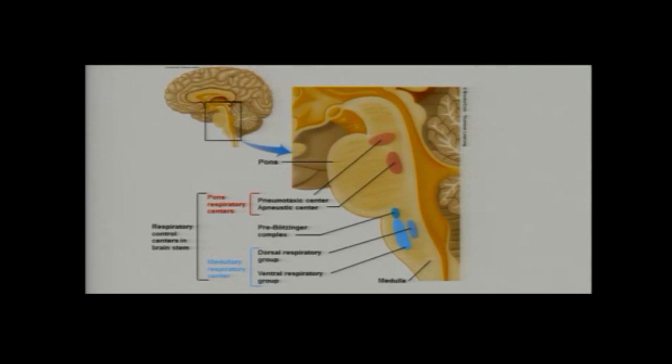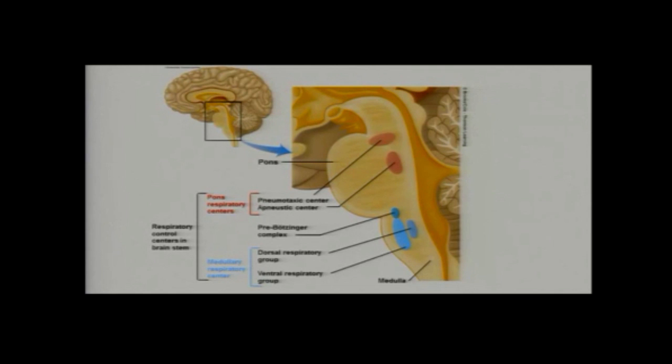So right now, for all of you that are breathing restfully, if you looked at your medulla, you'd see rhythmic activity in your pre-Botzinger complex, rhythmic activity in your dorsal respiratory group, and pretty much no activity in your ventral respiratory group, because you're not effortfully breathing. Okay? If I asked you to start to run around the room, everything would start to light up, right? Because you'd start to forcefully breathe.